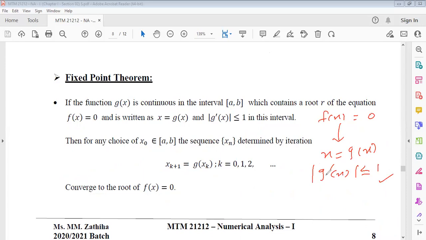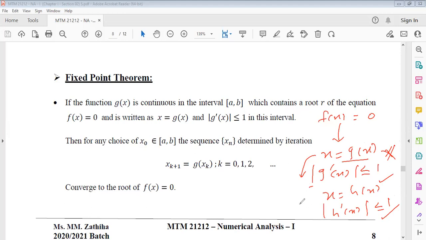So this is the point. You can choose your g(x). If it is not, then you go for another choice, h(x). Again, if you find h'(x), it should be less than 1. Then you can choose this one and leave the other one. So this is the theorem to choose our g(x) or h(x).